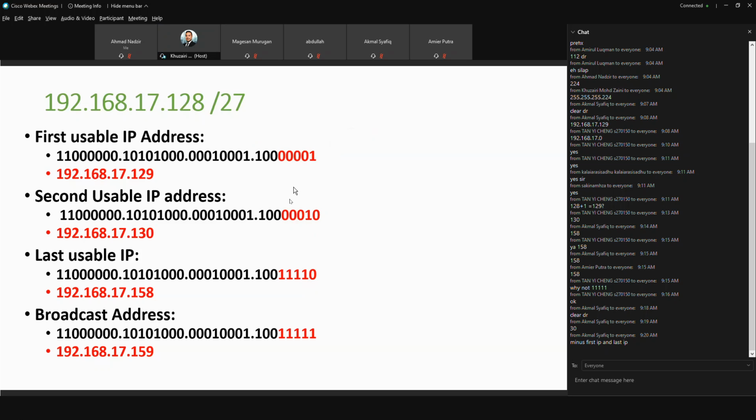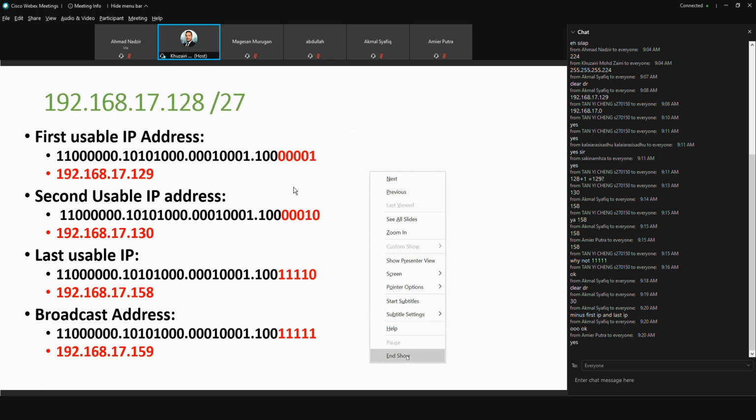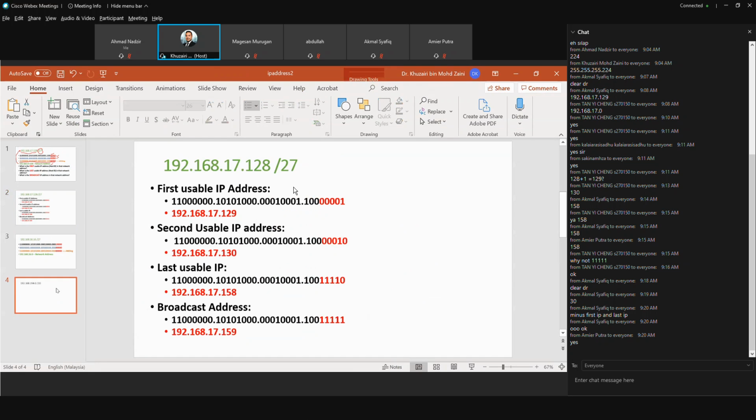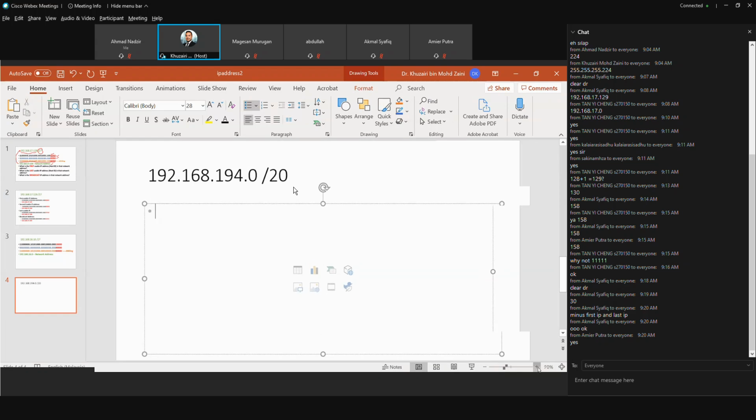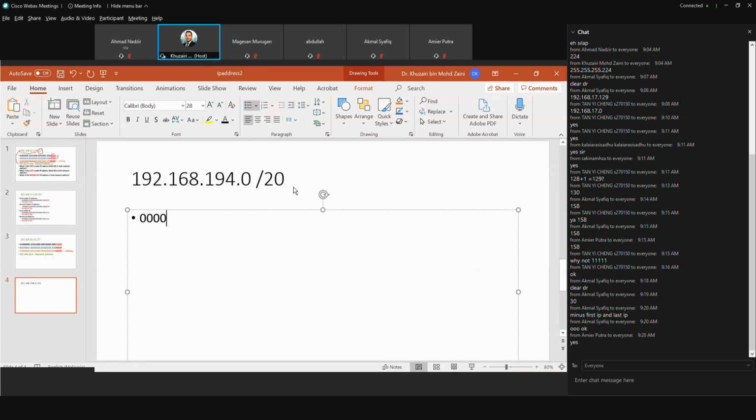What I mean is like this. Someone said they don't understand. Okay, for example, I give you an example. You have five digits: 0, 0, 0, 0, 0. With 5 digits, how many combinations can you do? You can do 32 combinations. You start with all 0s, then the second is 0, 0, 0, 0, 1. Then you can come 0, 0, 0, 1, 0.